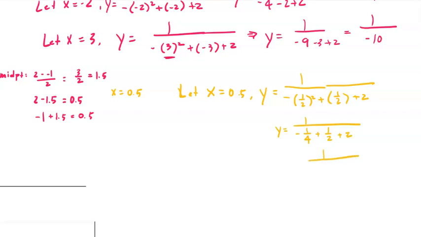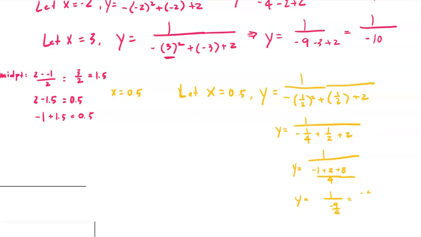It's 1 over, I'm going to do common denominator 4, minus 1 plus 2, and then plus 8. It's going to be 1 over 9 over 4.